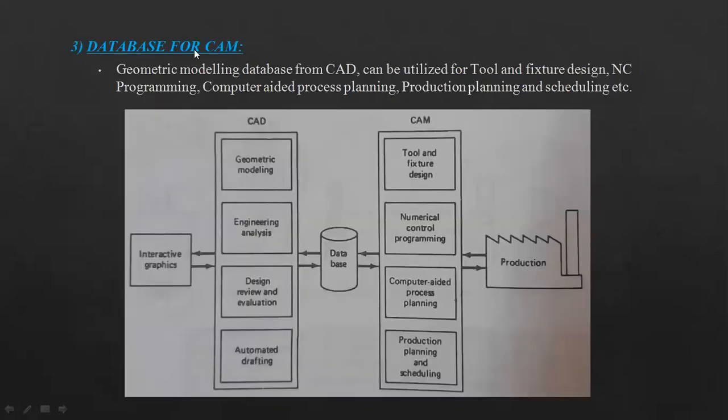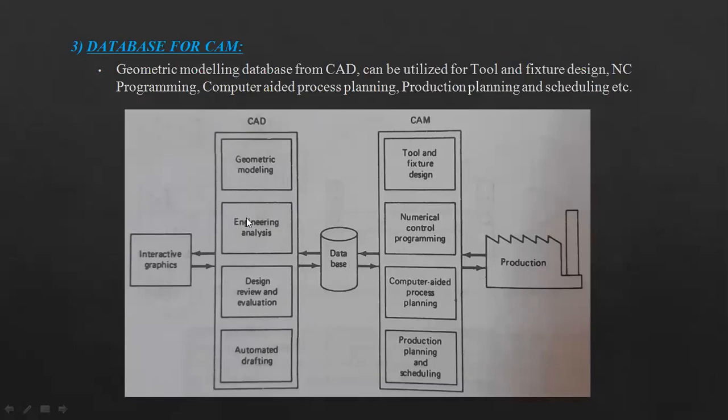Next application is the database for CAM. As you can see, this CAD part has given us a database. All those CAD files, automated drafting files, analysis results, etc. Basically, the final product dimensions will be the database here.